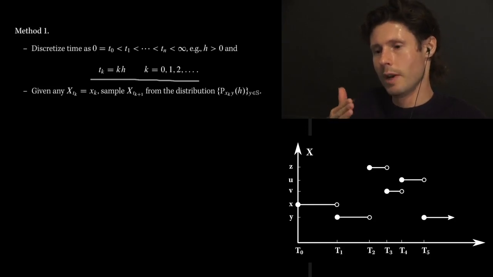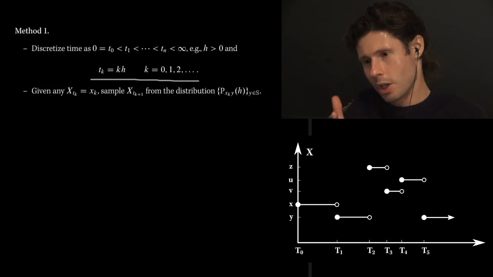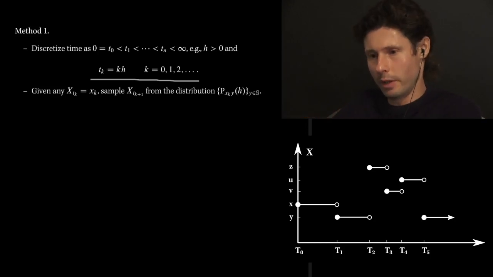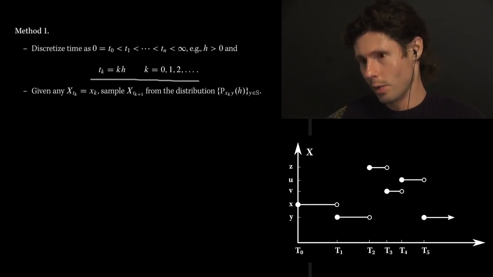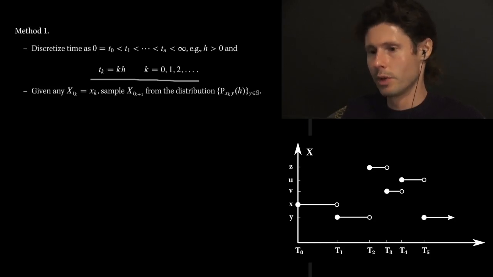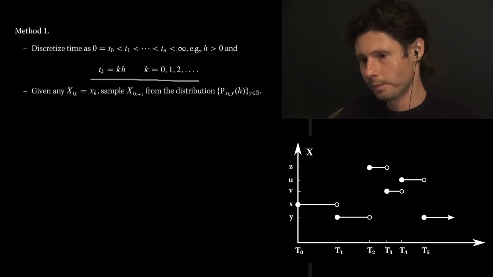So you're taking up time and partitioning it into little intervals of length h, and stacking them up on each other, right? And so here time moves almost in a discrete way. k equals 0 gives you time 0, k equals 1 gives you time h, k equals 2 gives you time 2h, and so on.